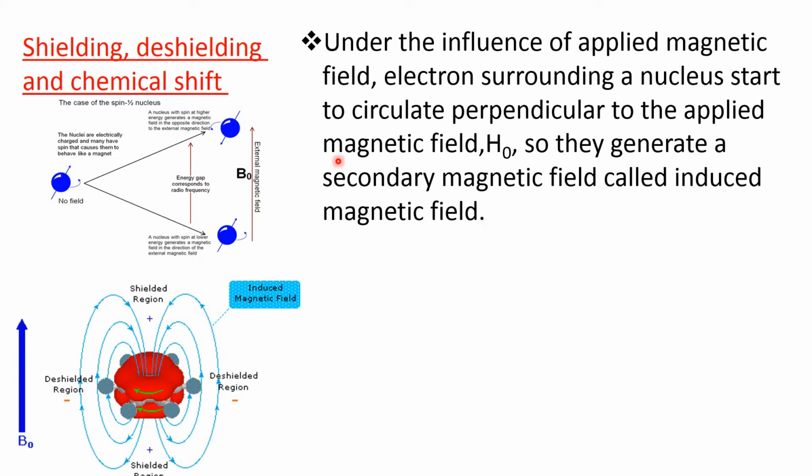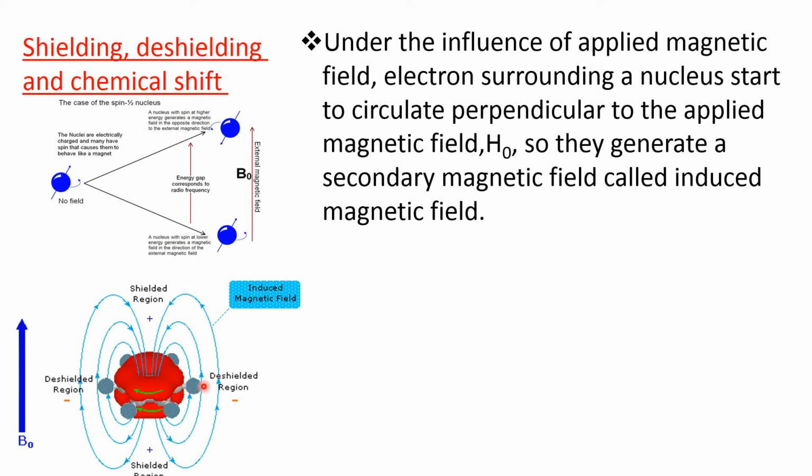Now, this induced magnetic field, which is generated by the circulation of the electrons of the nearby nuclei, or specifically the circulation of the electrons at the chemical bond, reinforces the applied magnetic field in some location or some region.